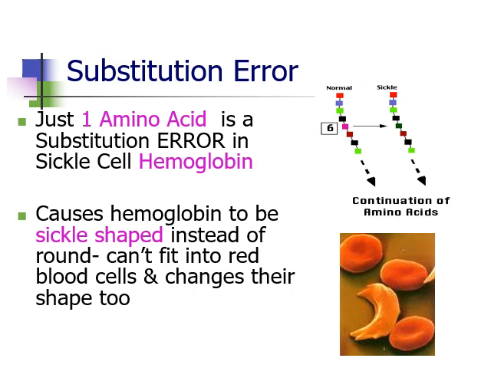So an example of a huge change in a protein that happens by a substitution error is sickle cell anemia. Here, in just one amino acid, we have a change of just one of the building blocks of a protein. This causes the cells in the person to go from the normal red blood cell shape, the round shape, into looking like the sickle shape that we see in the bottom picture of this slide.